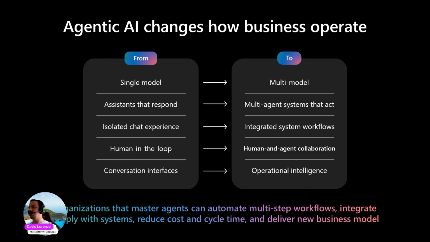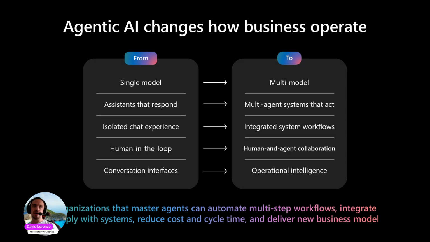So we can now create workflows that request the human when needed, not all the time, but only when there is a decision that needs to be made, and the agent with its information can decide for us.